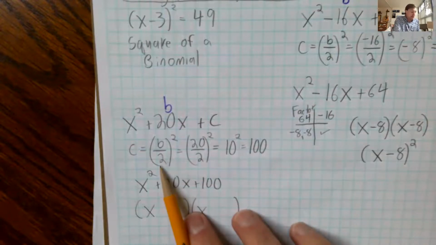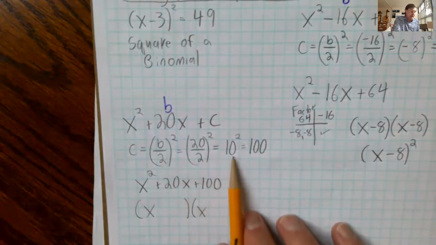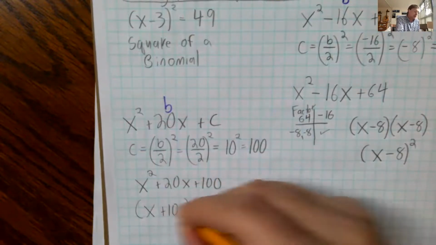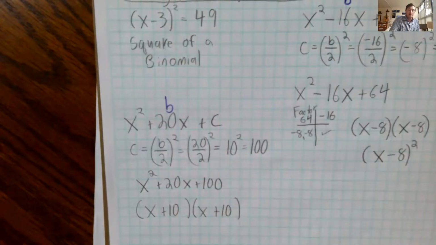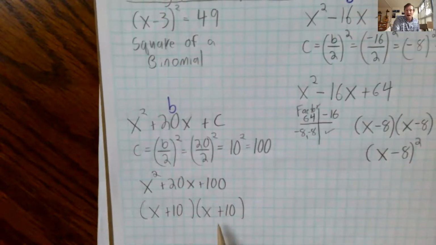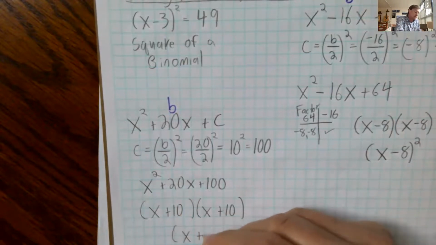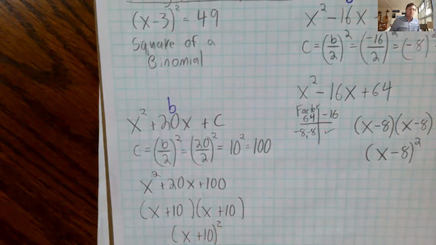So B divided by 2, we figured out that to be 10. That's going to be my term that goes in here. Plus 10, plus 10. Again, if I FOIL this out, I get back to my original equation here, and I can condense this. Since these are identical terms being multiplied by each other, we can use our square term.